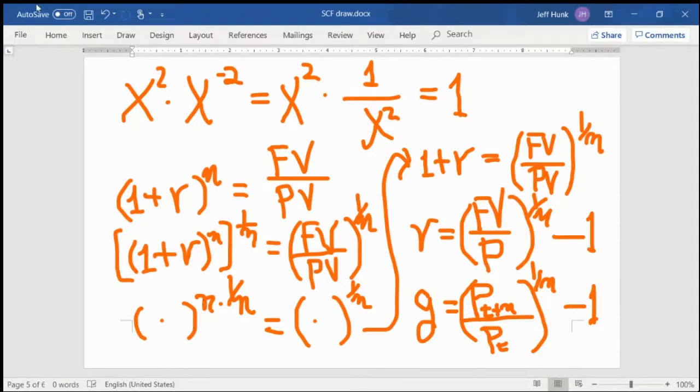Remember that? Hence the geometric average, and this is how the geometric average formula was derived.